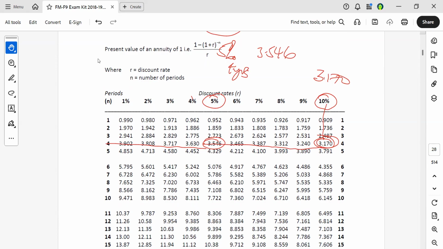Who is having a challenge with how I did the reading? 5%, then you trace 4 years. 10%, you trace 4 years. Any challenge? Please feel free.